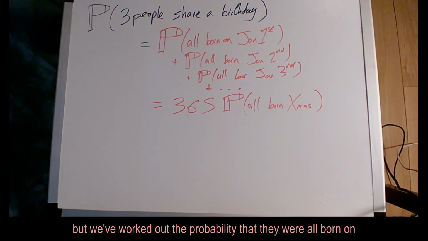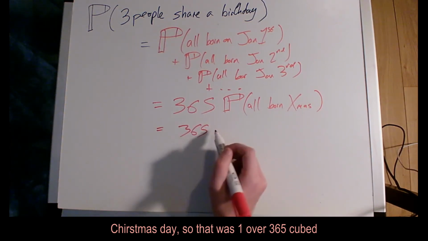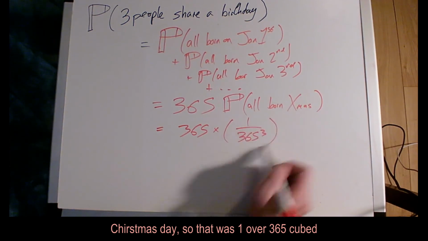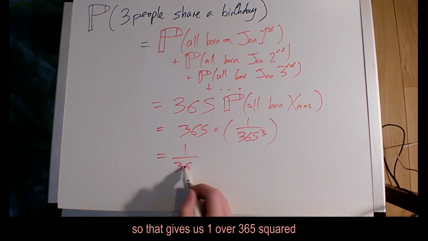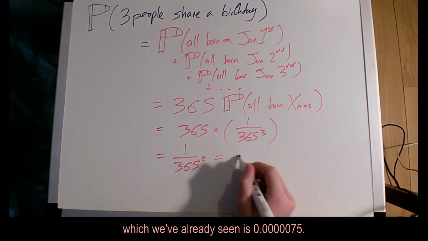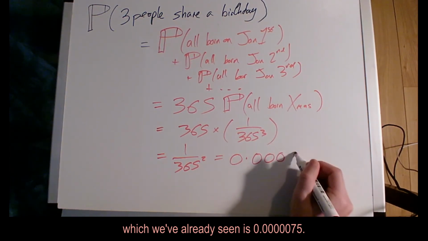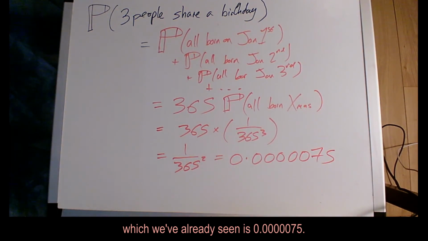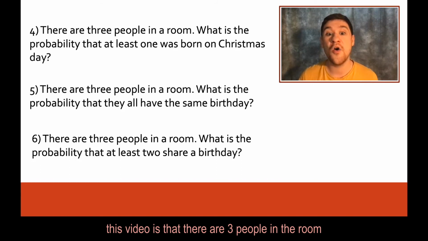But we've worked out the probability they're all born on Christmas Day, so that was 1/365 cubed. So that gives us 1/365 squared, which we've already seen is 0.0000075.